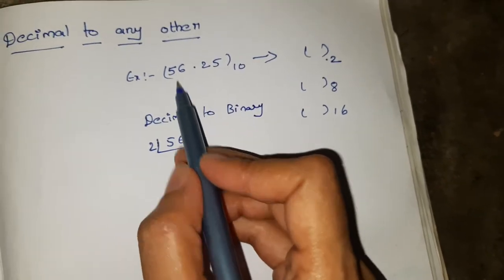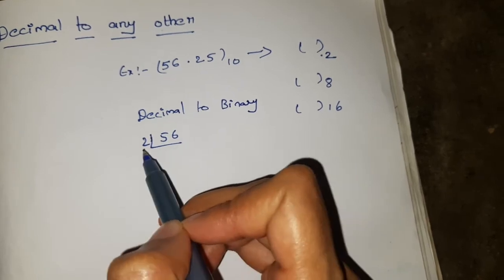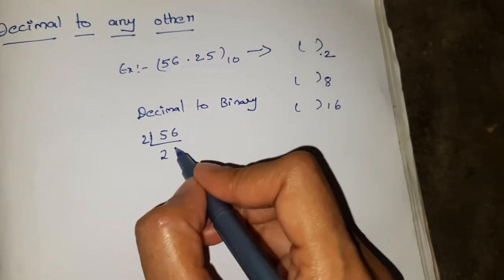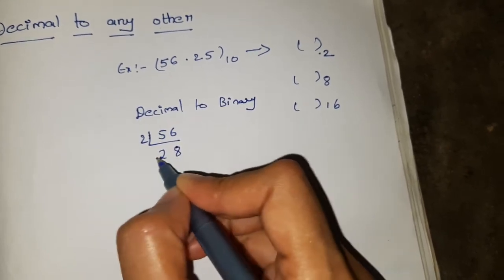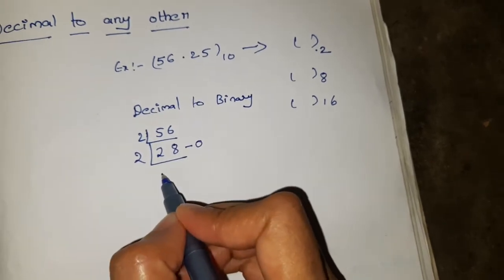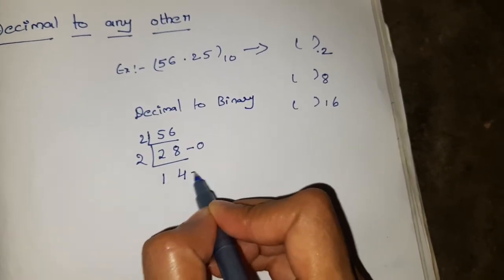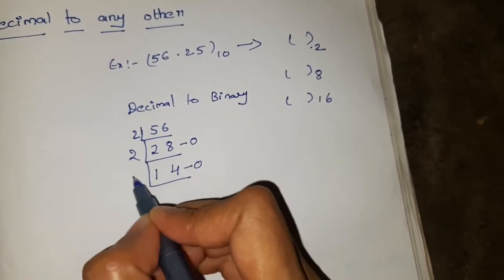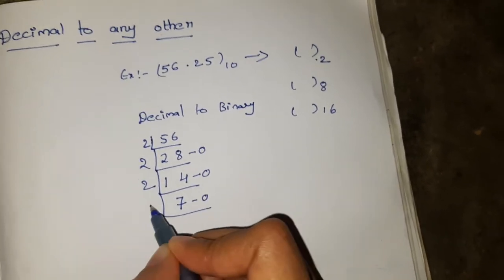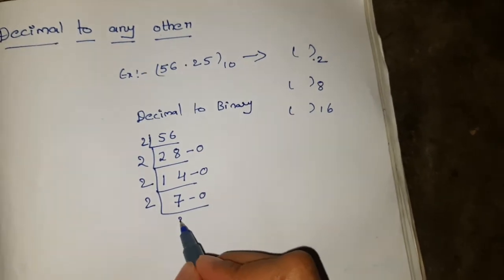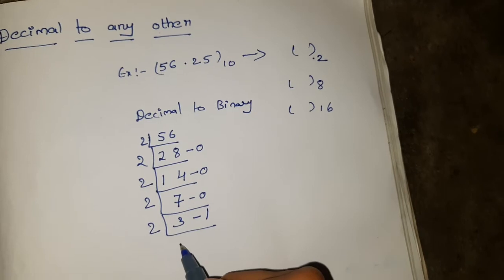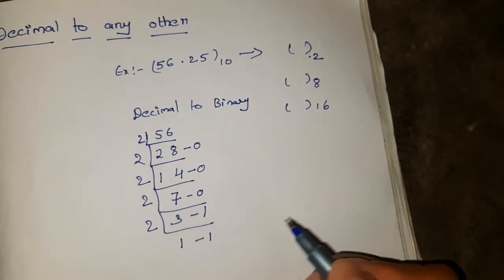For 56, you have to do the successive division with respect to 2. 2 28's are 56, remainder is 0. 2 14's are 28, remainder is 0. 2 7's are 14, remainder is 0. Next 2 3's are 6, remainder is 1. Next 2 1's are 2, remainder is 1.